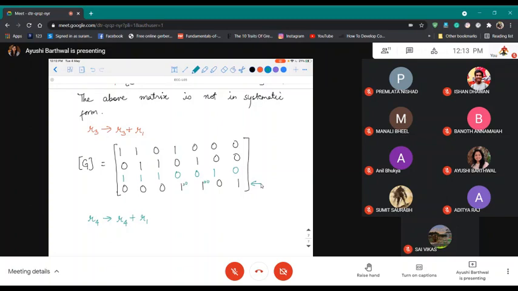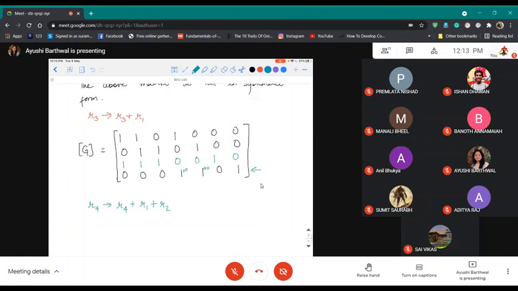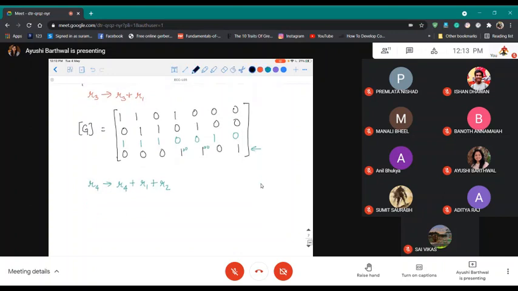If I change R4 to R4 plus R1 plus R2, this time we'll be changing only the fourth row, so we'll be copying all the other three rows.